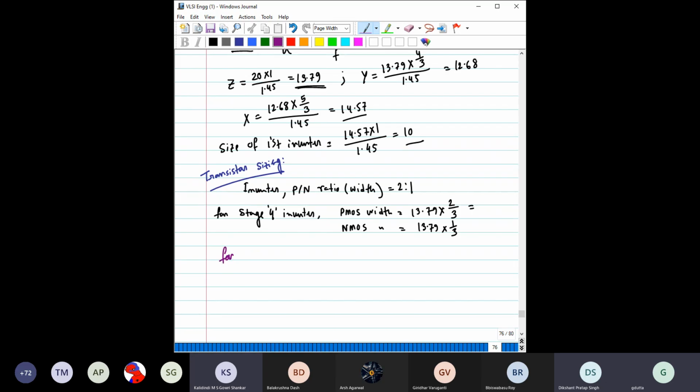Same goes for stage 3. I think it was a NAND gate. PMOS width would be equal to, so the size is 12.68 now. For the 2 input NAND gate, what would be the ratio of PMOS and NMOS in terms of width?